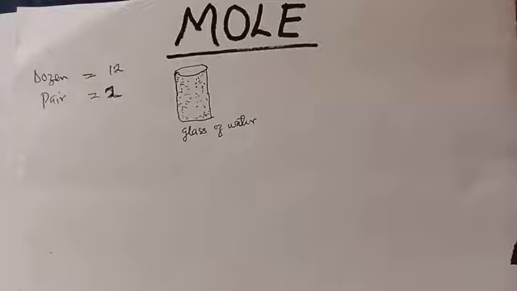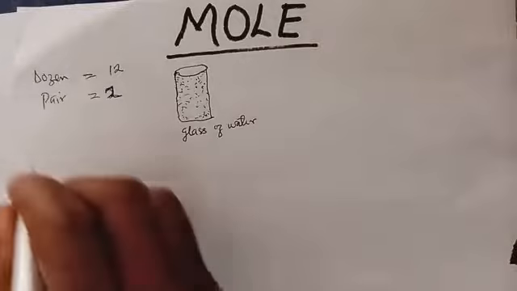In chemistry, we deal with molecules we cannot see. They are too minute, but they react in certain proportions. Such proportion has very little to do with mass, since every molecule has a different mass.